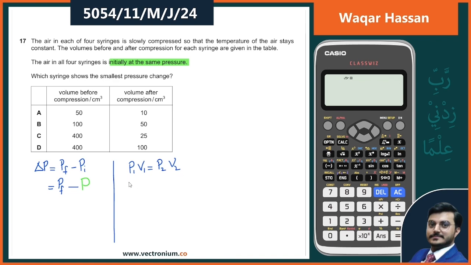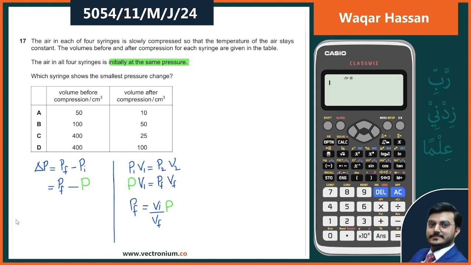So the equation becomes initial pressure times initial volume is equal to final pressure times final volume. Or for final pressure, the equation becomes final pressure is equal to initial volume divided by final volume times initial pressure.